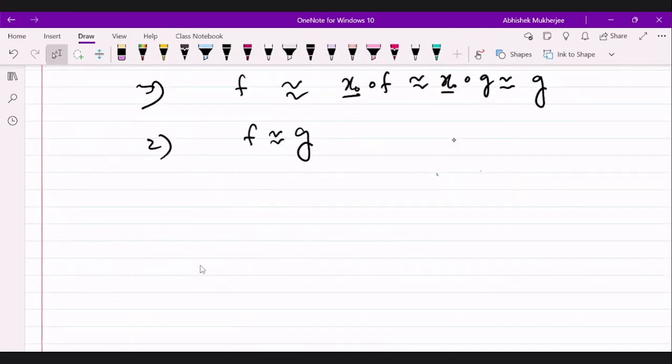And using this fact, you can say that, yes.